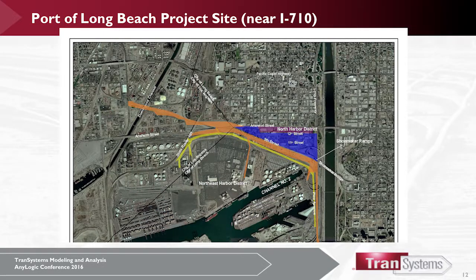Now getting to the specifics of the Port of Long Beach, I don't know how many of you are familiar with the Los Angeles area, but it's a real busy area, and here's a sketch of how our project site lays out. The orange lines are the tracks, the receiving and departure tracks, laid out to fit a 12,000-foot train.